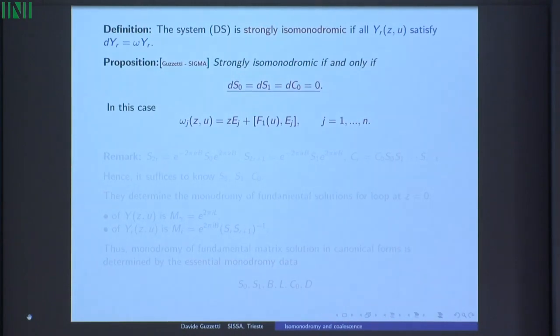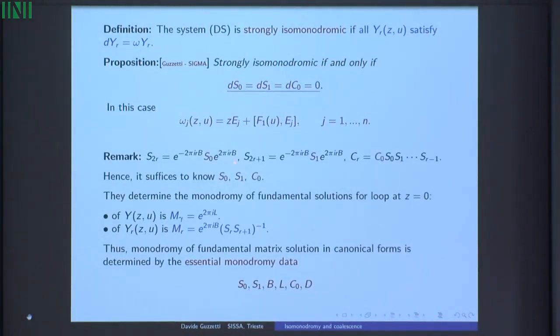It's enough to consider the Stokes matrices S0, S1, and C0 because there are simple formulae which relate S0 to S2R and S1 to S2R plus 1, and CR to C0. So it's just enough to take S0, S1, and C0.